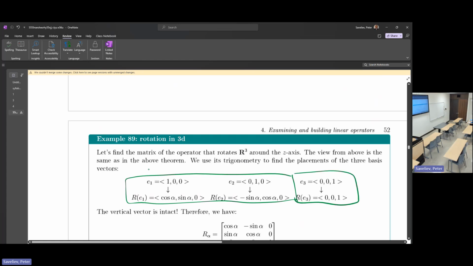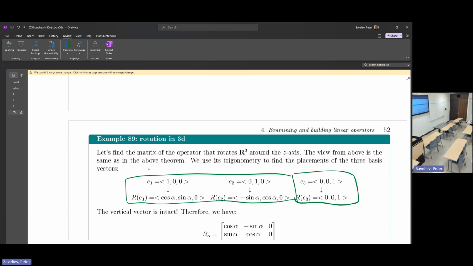Nothing is happening along the z-axis. As you can see, 0, 0, 1 remains there. But what happens to the other two? Well, we know what happens to them. The first two coordinates change in the manner that we already know. The third coordinate is not changing because the rotation is within the xy plane, which means that 0 remains 0. So that's what we see here.